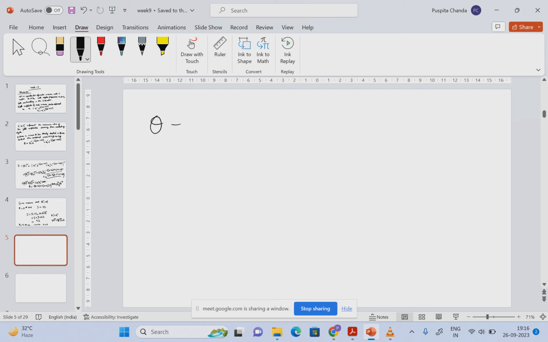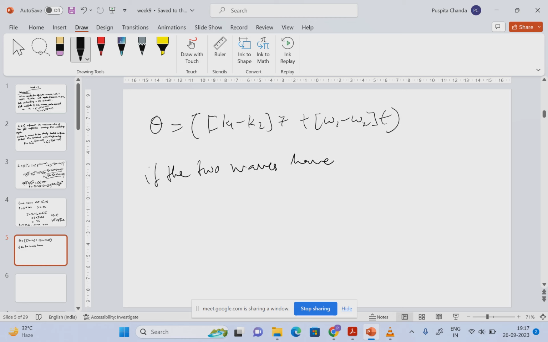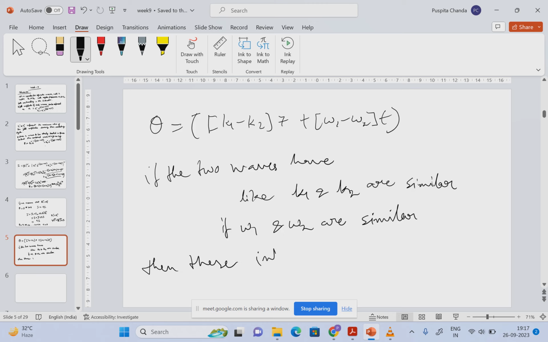So, looking at the theta value, if the two waves have identical properties, like k1 and k2 are similar, and if omega 1 and omega 2 are similar, then this interference is likely to occur.